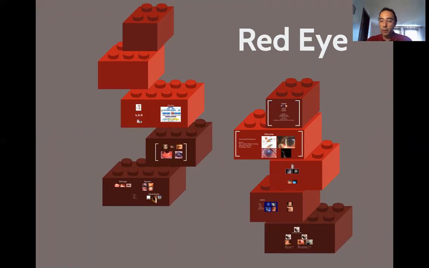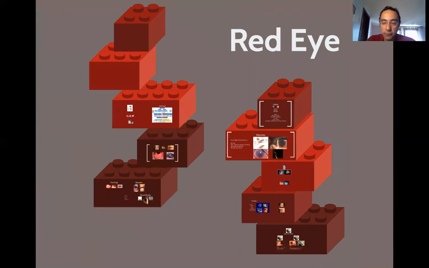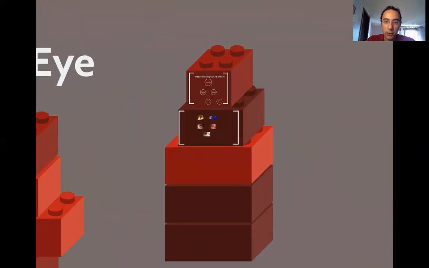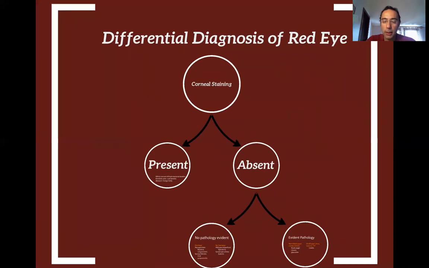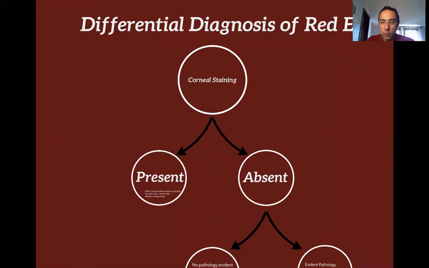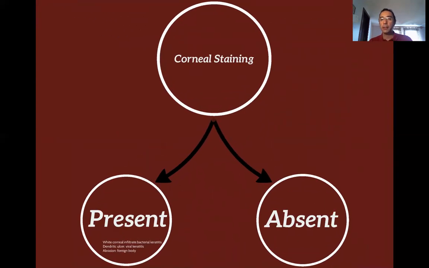Now let's have a look if we can make a differential diagnosis of red eye. You can see an algorithm here that I made for the purpose of this lesson. And you can always change this algorithm to another one, which you may find easier for you to make a differential diagnosis. I would like to check the corneal staining, the problem with the corneal epithelium first.